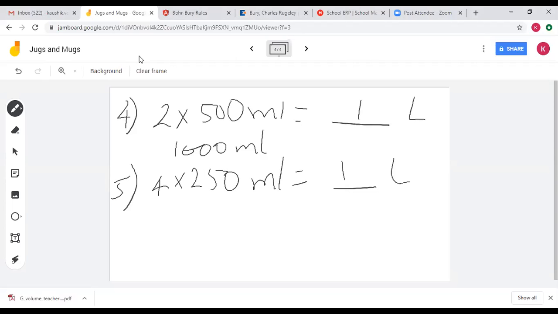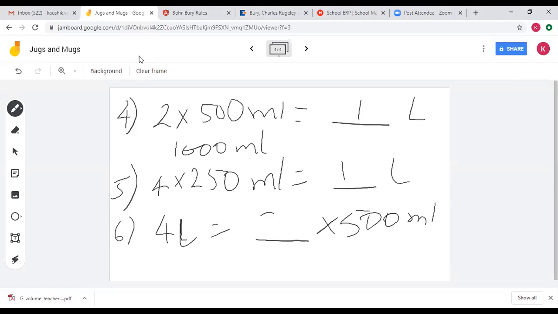Same way, 4 liter is equal to how many times 500 ml? Now this is a little bit interesting. This is multiplication only, right? So what will be the answer here?